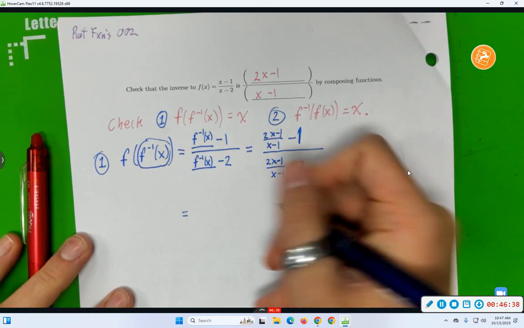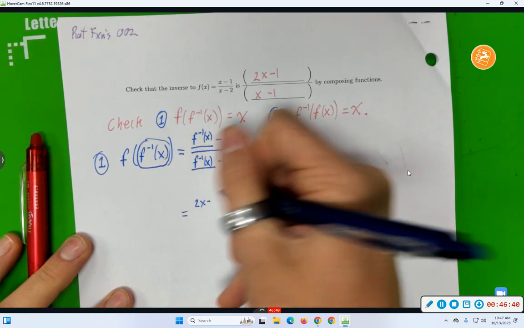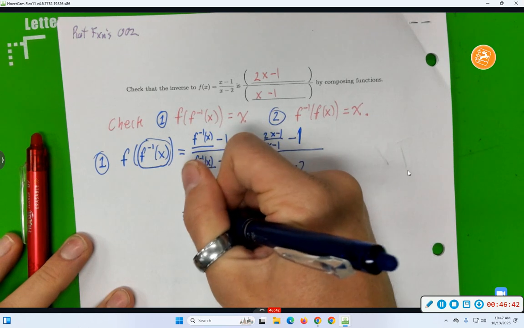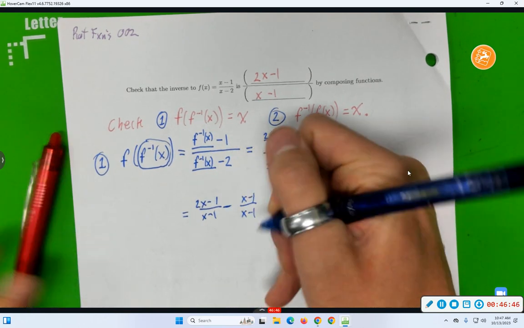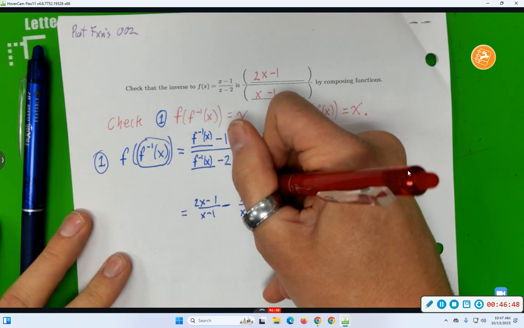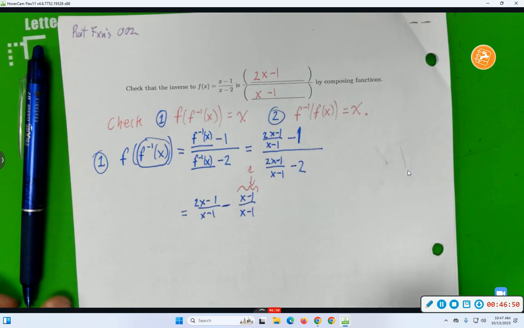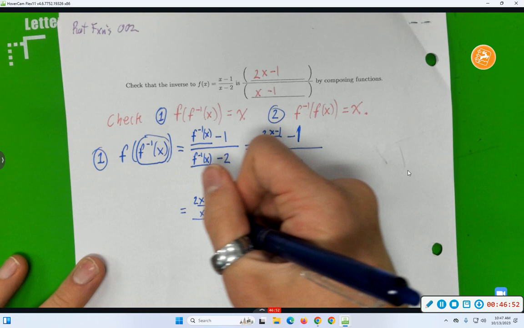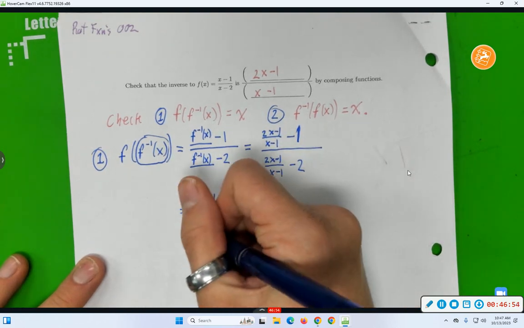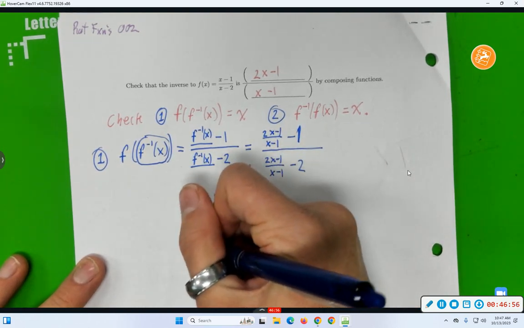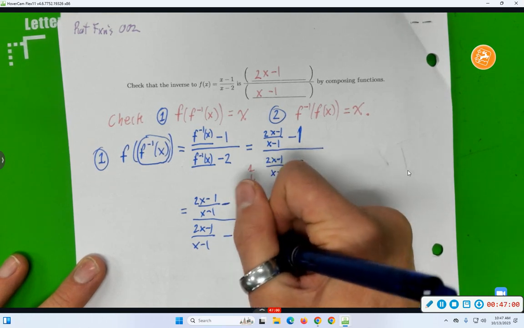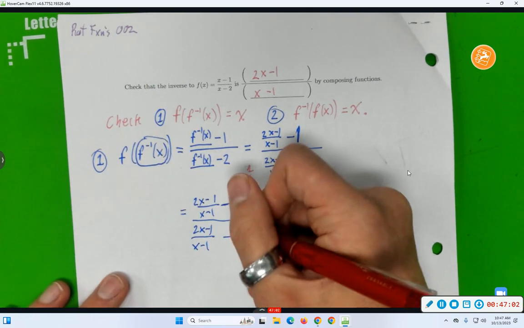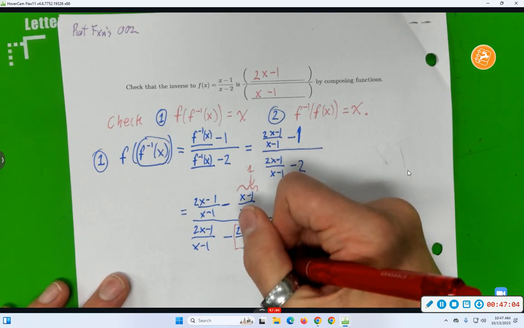If we do that, we will get 2x minus 1 over x minus 1, minus x minus 1 over x minus 1, because all this is just 1. All over 2x minus 1 over x minus 1, minus 2x minus 2 over x minus 1, because all this is just 2.